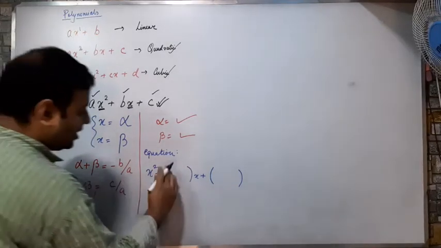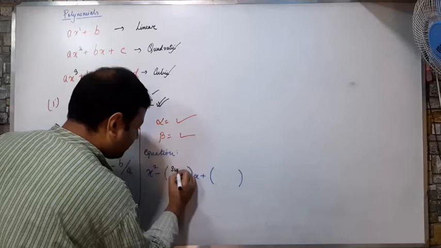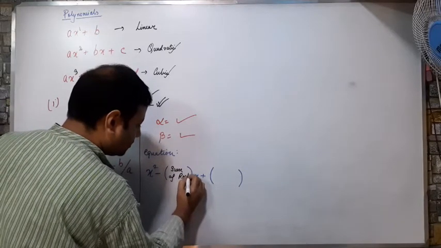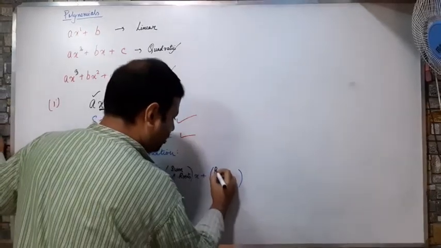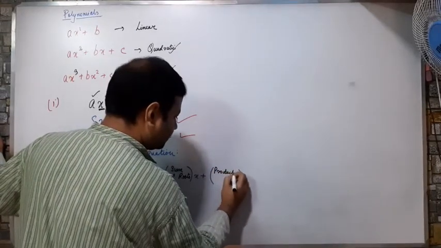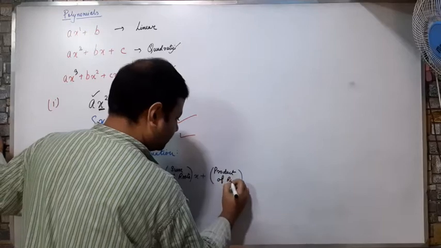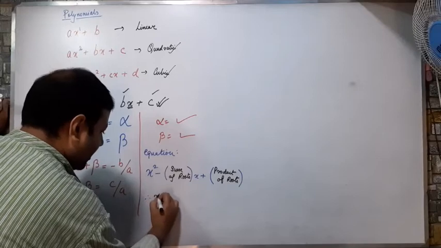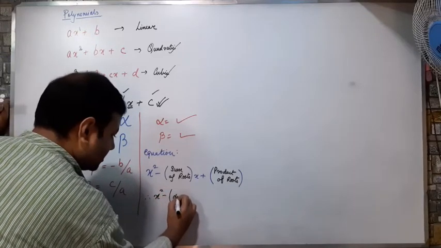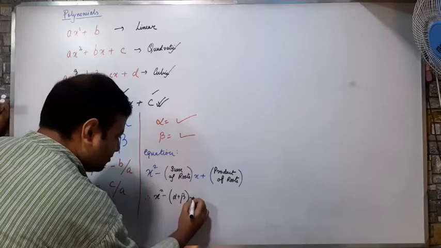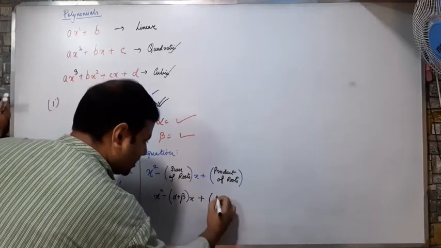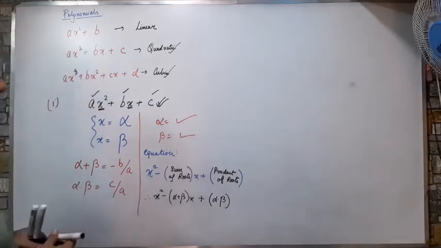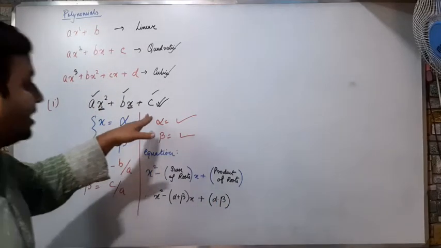In the first bracket must be the sum of roots. Here will be the product of roots. Therefore, in shortcut I can write x square minus alpha plus beta x plus alpha into beta. This is the formula for finding the equation in case the roots are given.